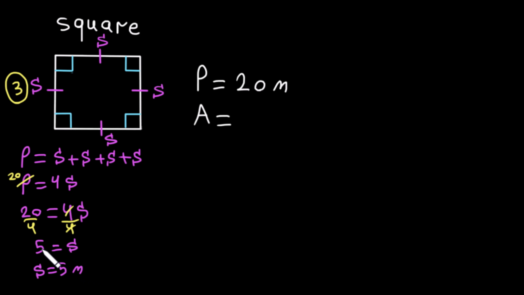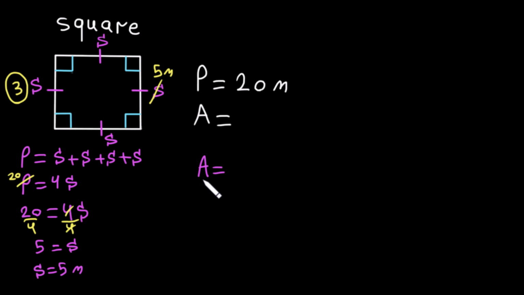So we found s equals 5 meters. So each of these sides is 5 meters. We will use that to find the area.